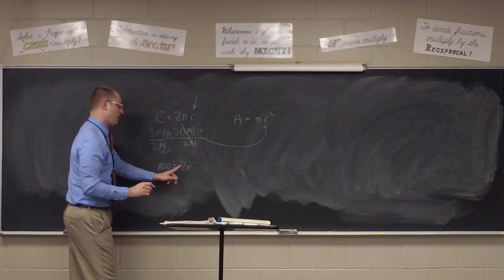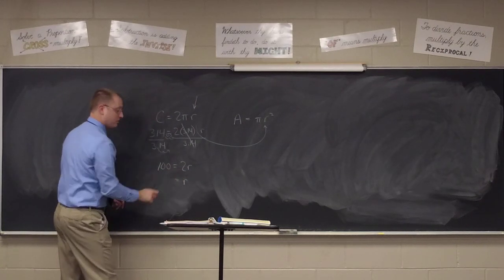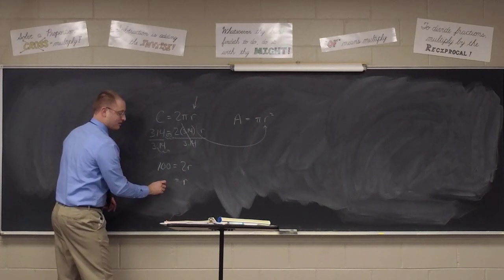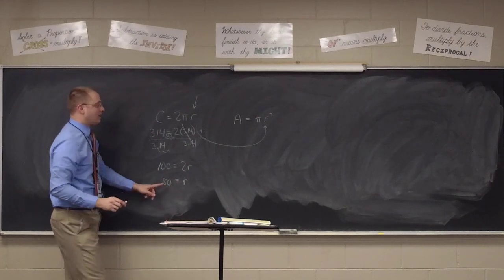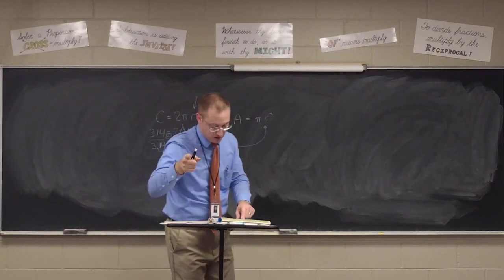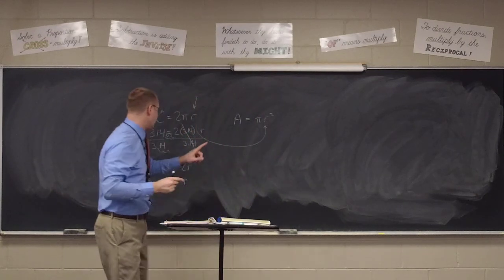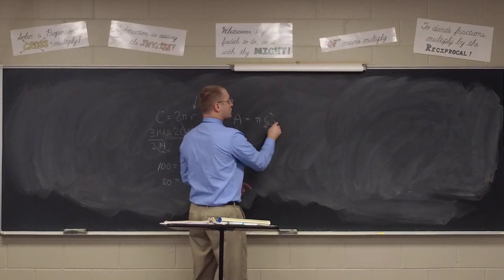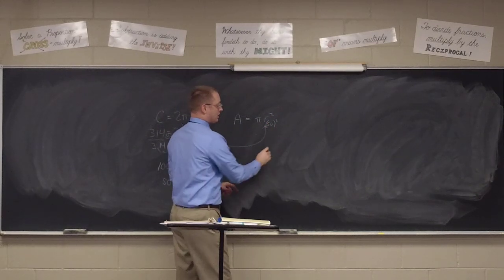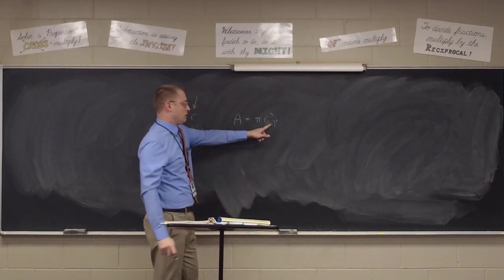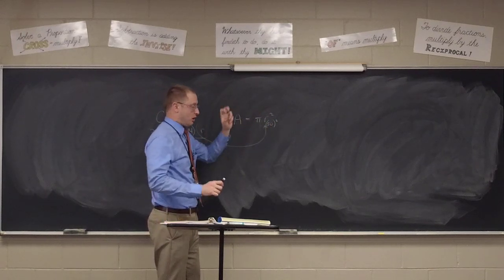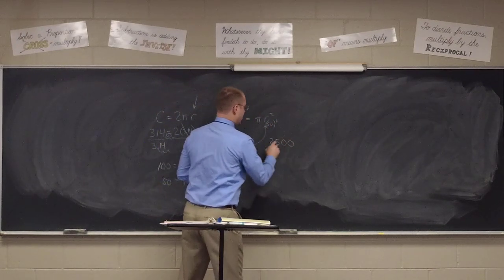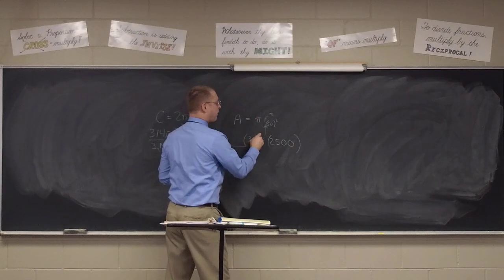And if 2r equals 100, then r equals? 50. So apparently, my 314-foot circumference circle has a radius of 50 feet. We can then plug in the 50 here, square it, Scott. Double the 0 is what you square the 5, but you also square the 0. There we go, 2,500 times 3.14.